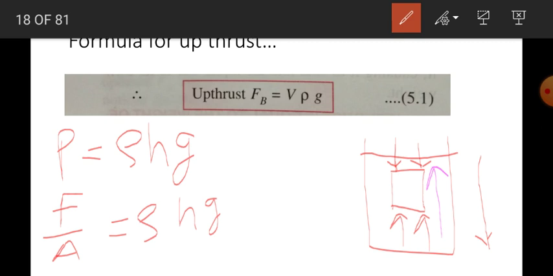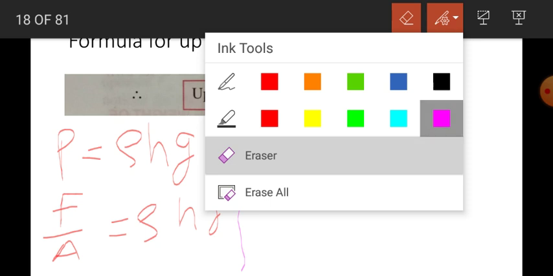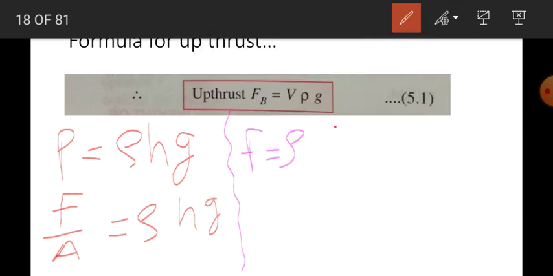So if I bring A on this side, see my equation will be like F is equal to rho, A into H is already there and G is already there.